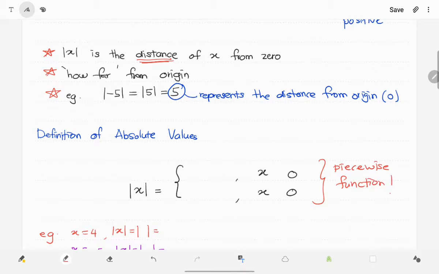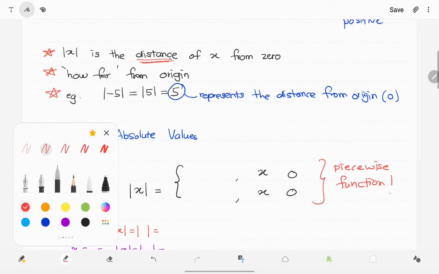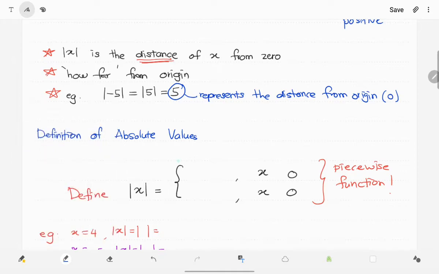So wajib bila dia kata define modulus something ni, sekarang kita letak x sebab general formula. So for example, define modulus x. Kita wajib buka dia jadi 2, ada curly bracket, kat sini kita tulis x, yang bawah ni adalah negative x.